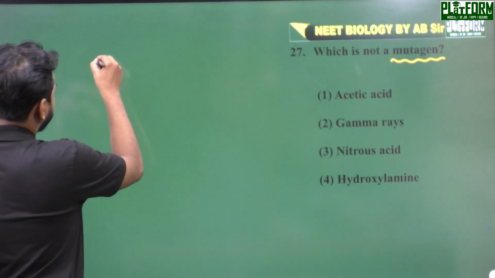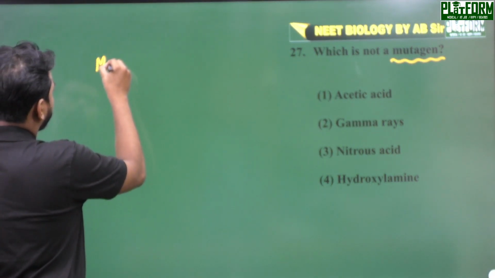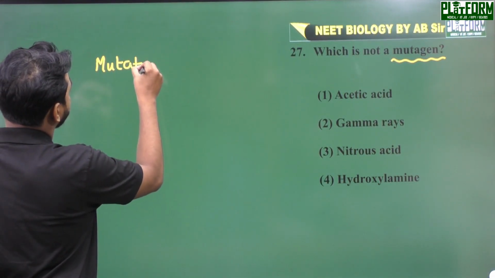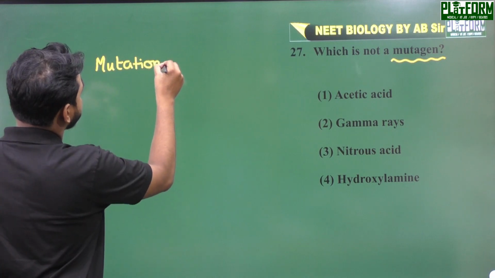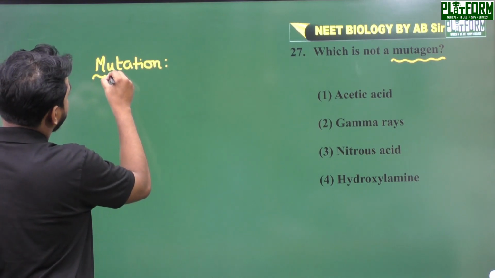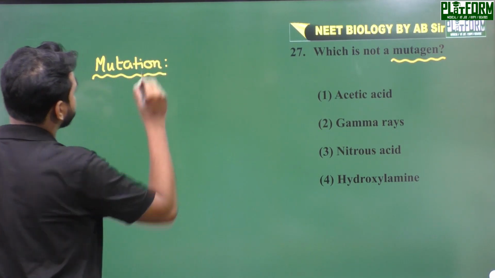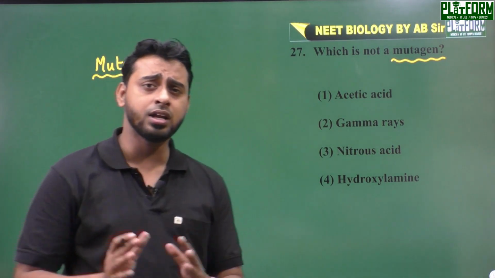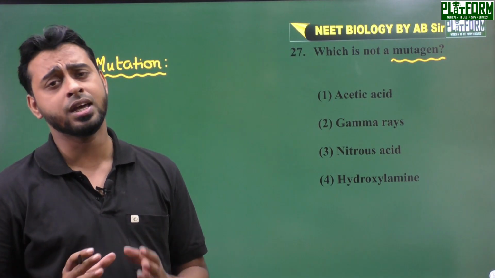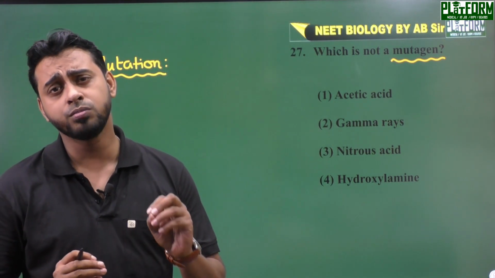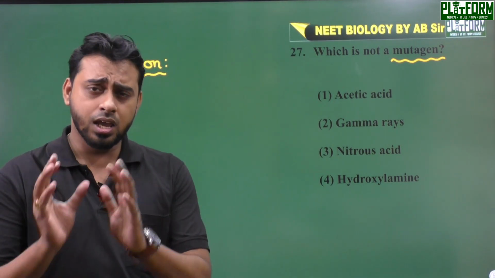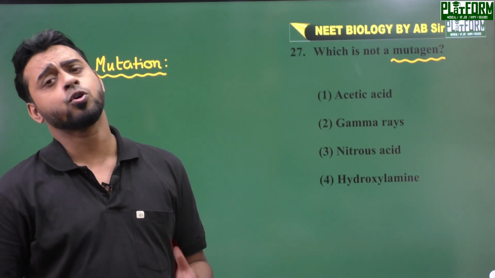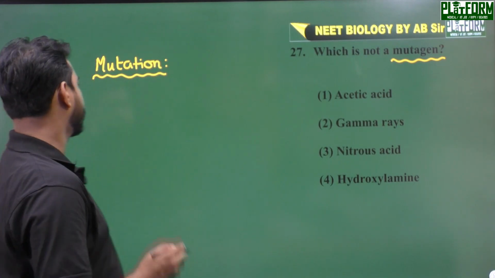Now we know what is mutation? Mutation means a sudden inheritable change in the DNA. That particular sudden inheritable change in the DNA is known as a mutation. And anything that causes the mutation is considered a mutagen.